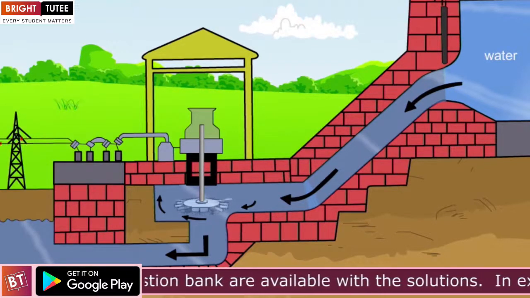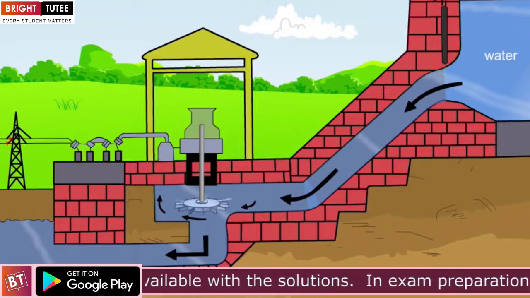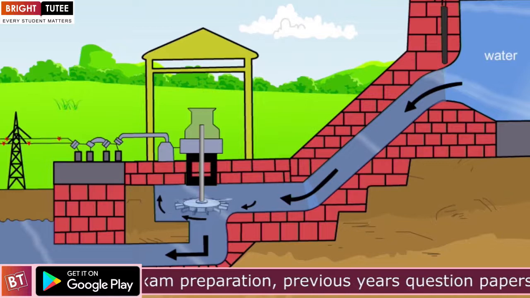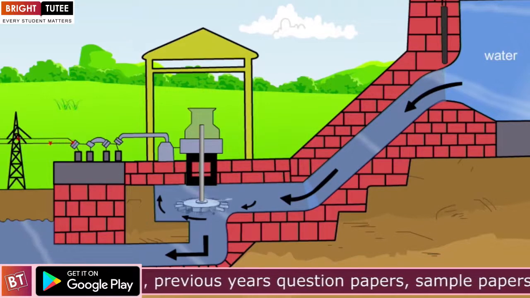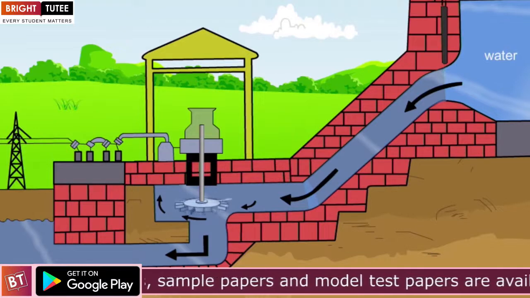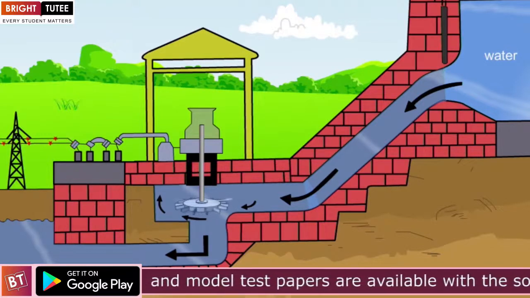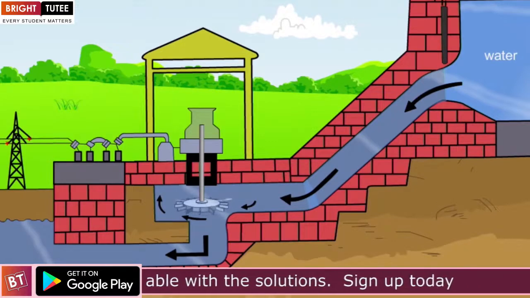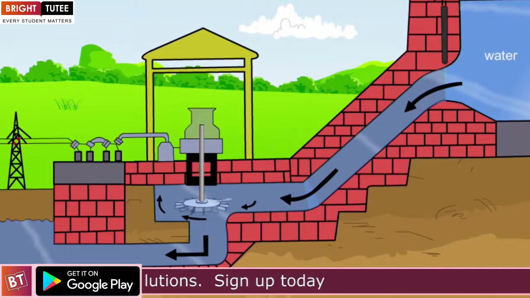How exactly this electrical energy is generated in a generator? We already have studied in magnetic effects. I hope you remember that. So, this is how a hydroelectric power station works. The main purpose is to convert the potential energy of water into electrical energy.